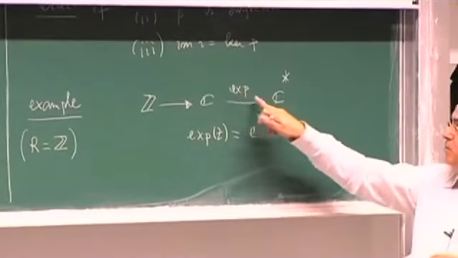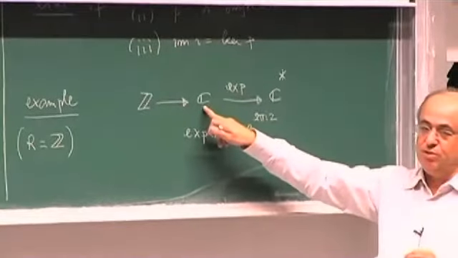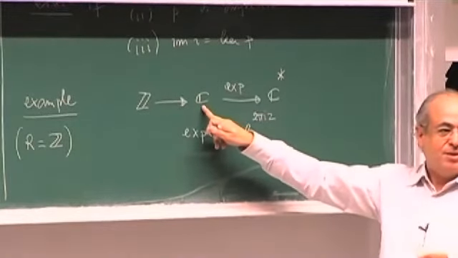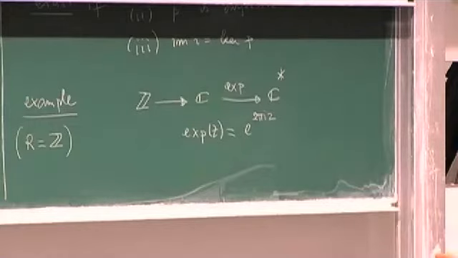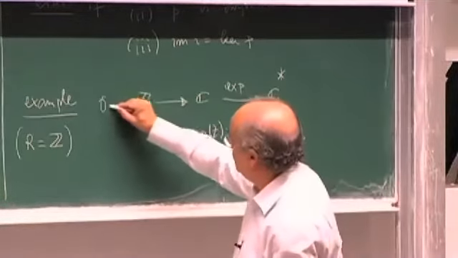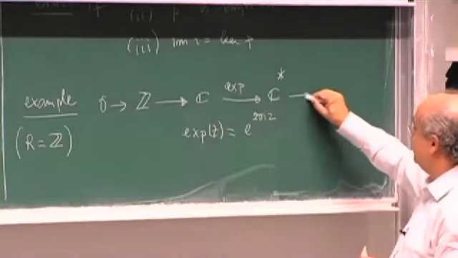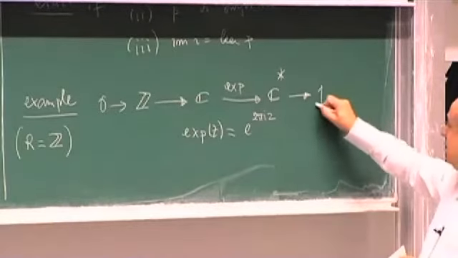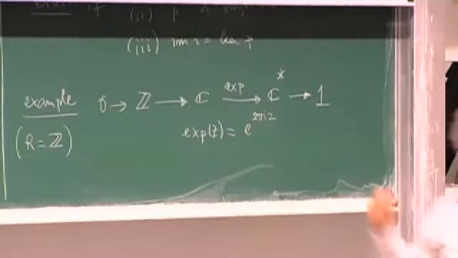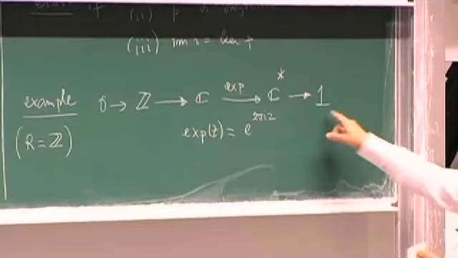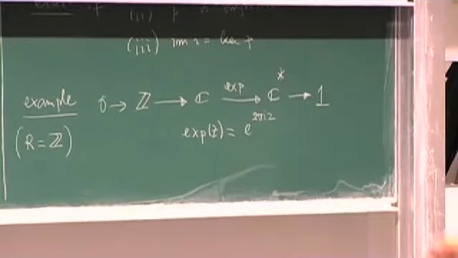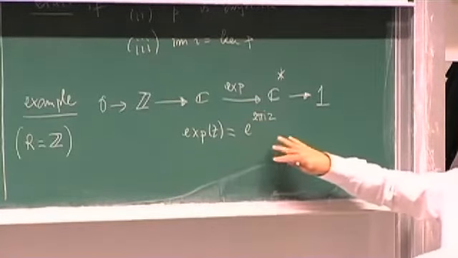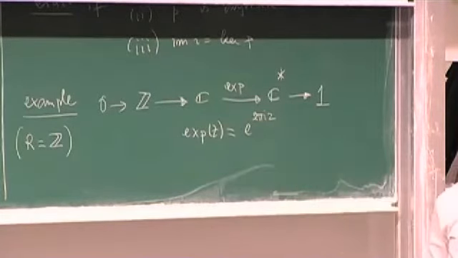And then this exponential is a morphism of abelian groups if in C you consider, as we very well know, the additive structure, and in C star you consider the multiplicative structure. Then usually one puts a 0 here, and then here depends how precise you want to be. Perhaps one should put 1, which is the neutral element in this group. Or you can write 0, whatever. So, simple instructive exercise, check that this is an exact sequence.